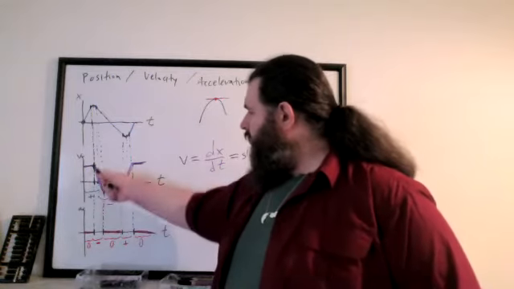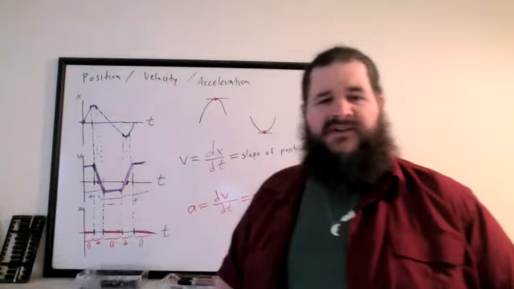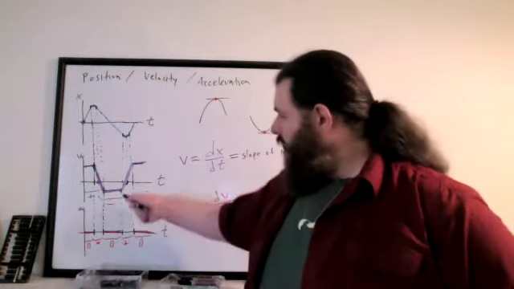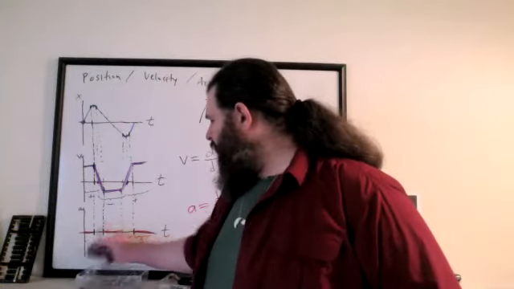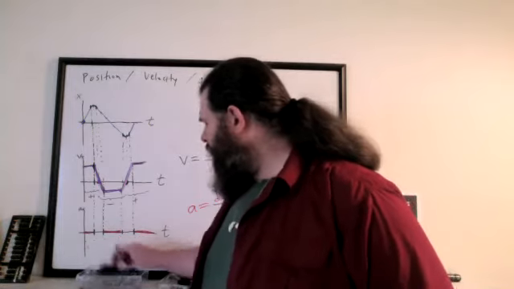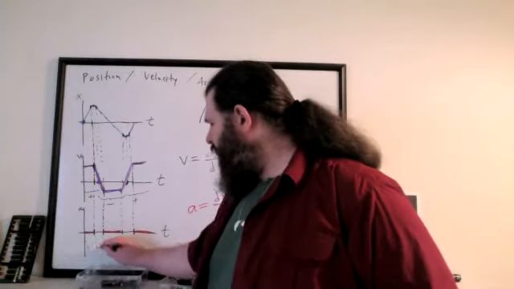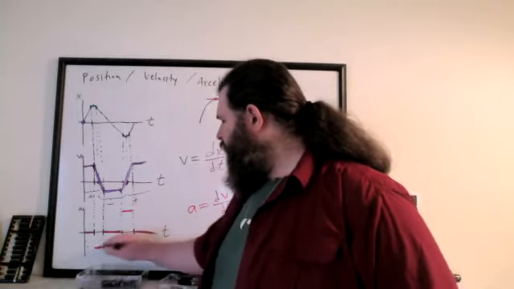But during these periods of time, the velocity decreasing rapidly means a very large negative acceleration. Velocity increasing rapidly means a large positive acceleration. So we're going to have negative acceleration in this region of time and positive acceleration in this region of time.